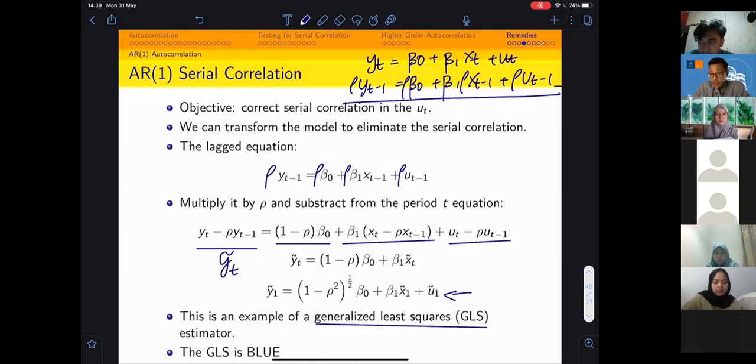So given an issue with the model, be it heteroscedasticity or, in this particular case, autocorrelation of degree 1, we want to make a transformation in such a way that the result of the GLS is BLUE. In that case we get an unbiased or consistent result, and it also produces the lowest variance. Okay.